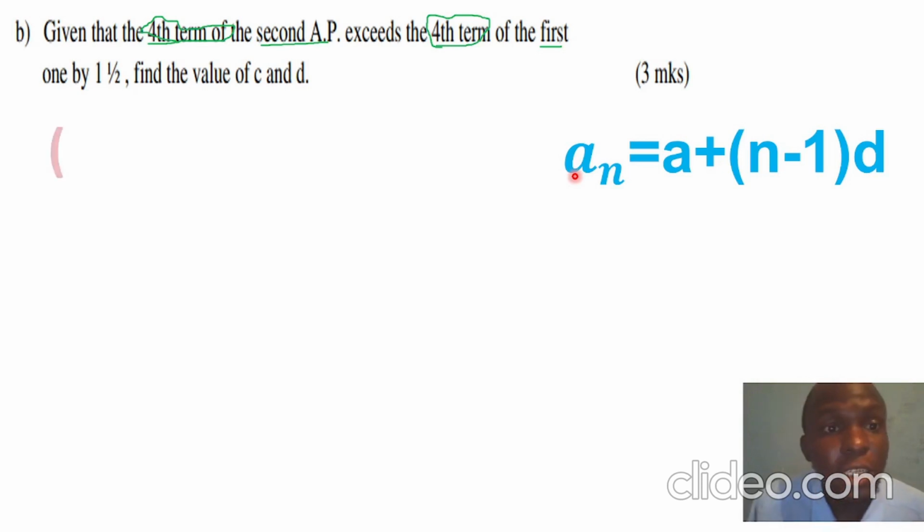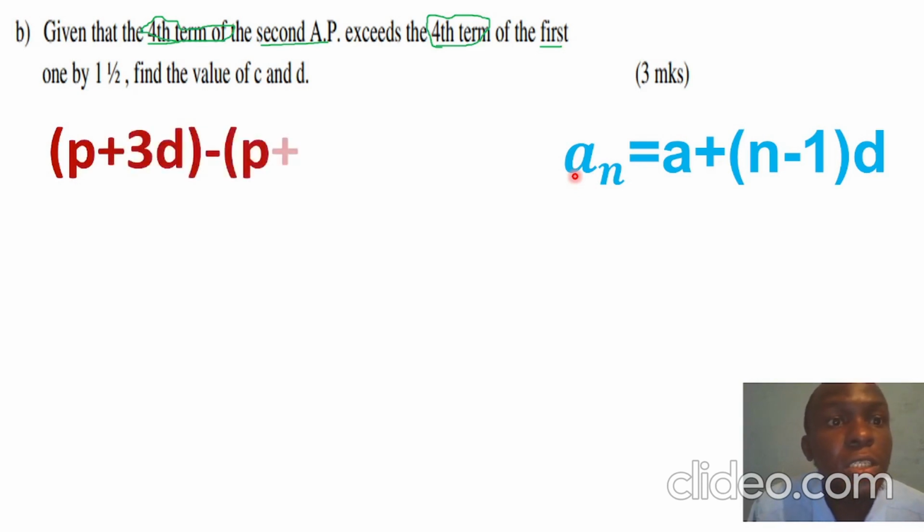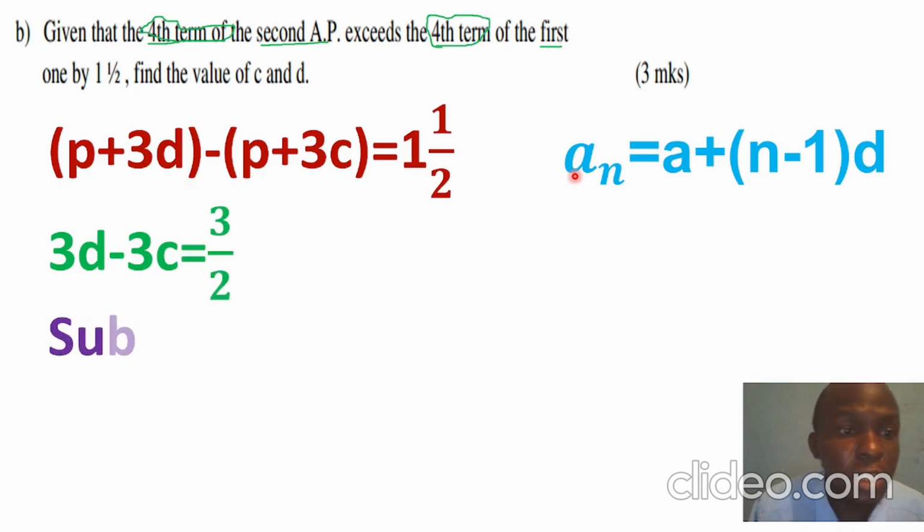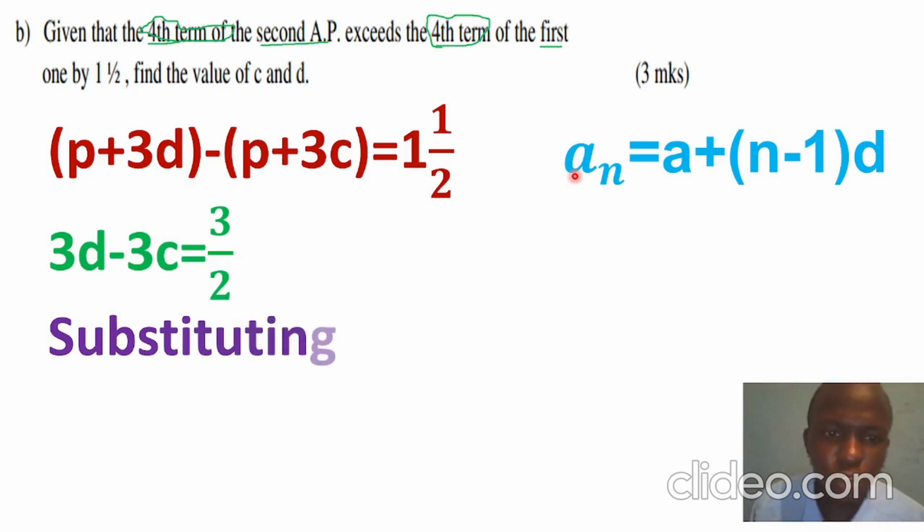Let us see. P plus 3D, that is the second, minus P plus 3C, that is the first, is equal to 1.5. When you open the bracket and simplify, 3D minus 3C is equal to 3 over 2, because 1.5 is equal to 3 over 2.